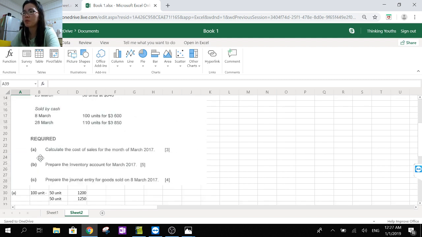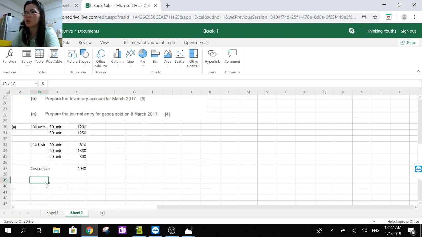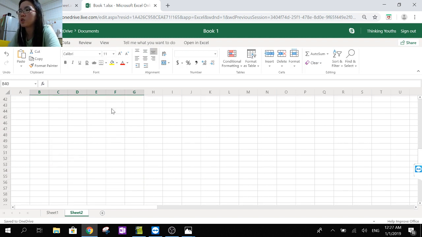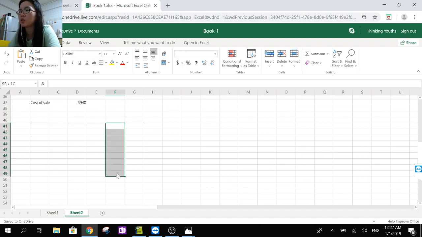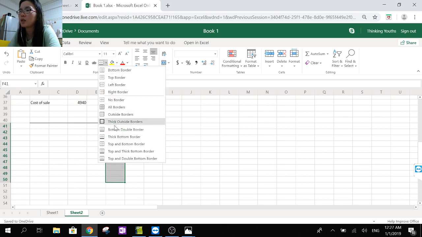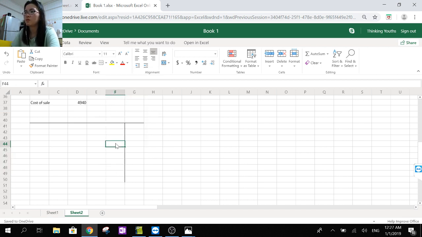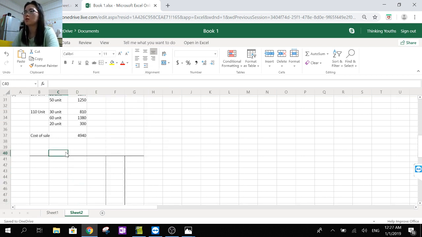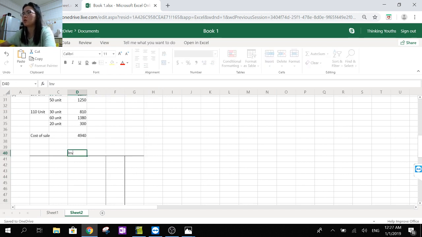Okay, for part B, you need to prepare the inventory account. So the inventory account is actually the movements of the inventory. So we need to draw out the ledger account. Remember that when you're doing the ledger account or the inventory account, we are talking about the cost price, which is the price that the company paid for the batch of goods.